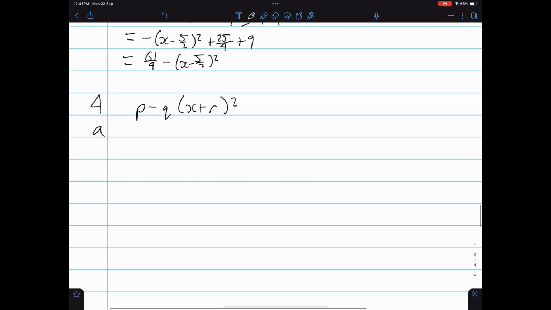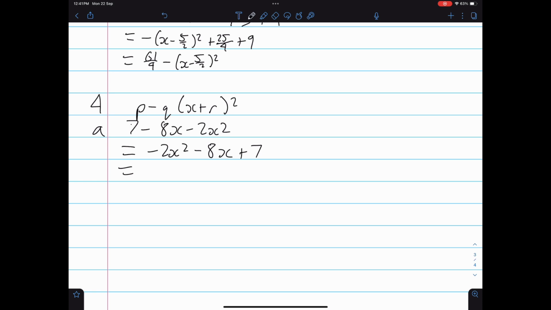So in the first one we've got 7 minus 8x minus 2x squared. And again, I suggest you rearrange it. Divide it by that coefficient of x squared.